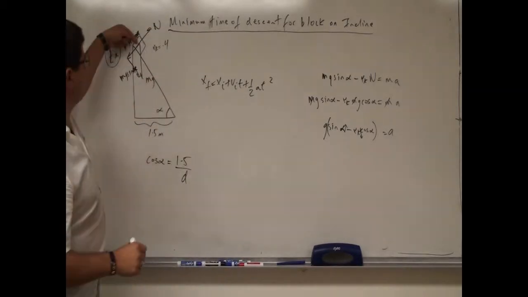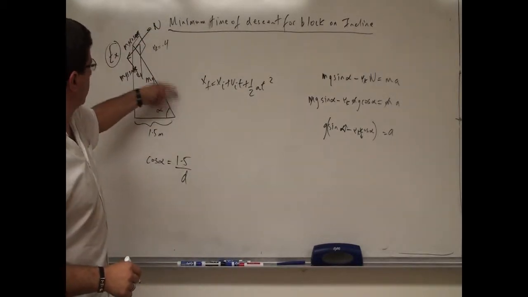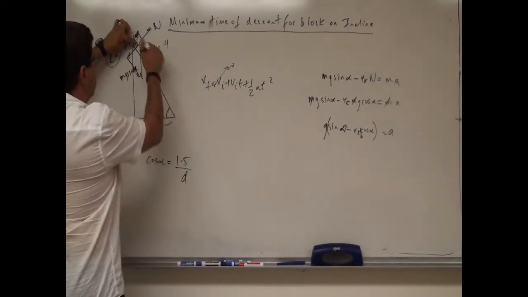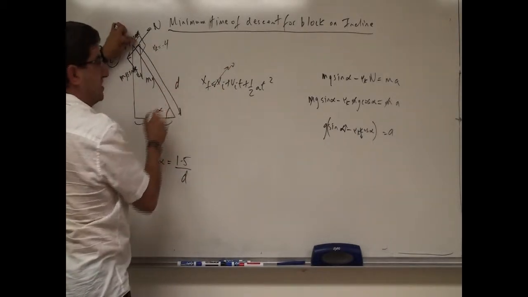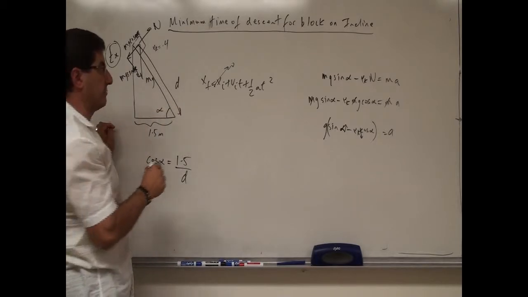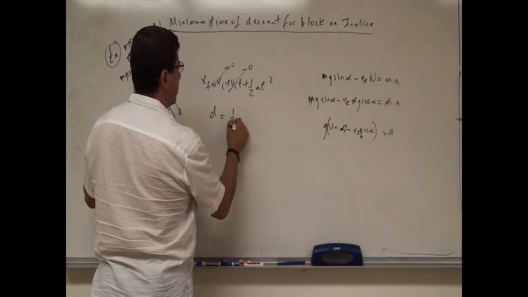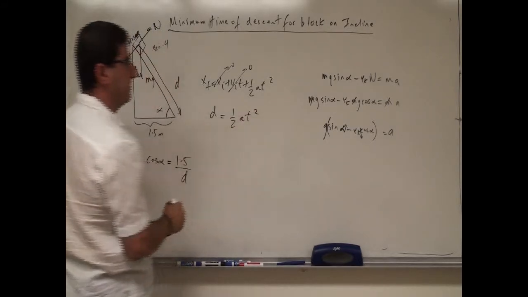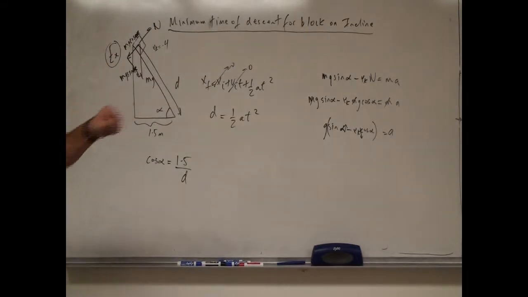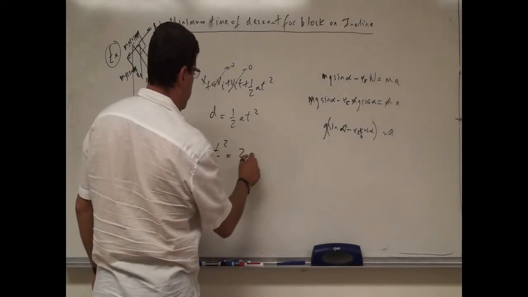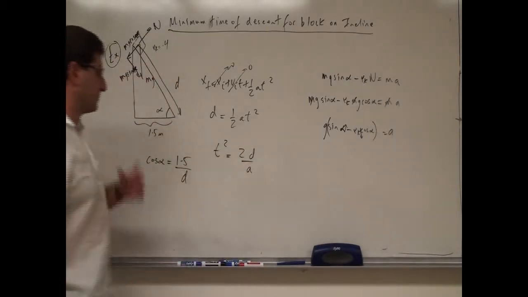And then x final is going to be basically the final distance, and then x initial is 0, right? So x final is actually this distance, the distance that it has to travel to go to the bottom, right? So this is d. v initial is 0. Then we have here half a t squared, right? So the time that it takes, the t squared is equal to 2d over a, okay?